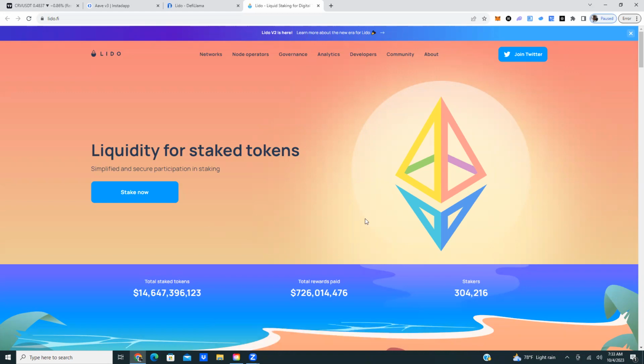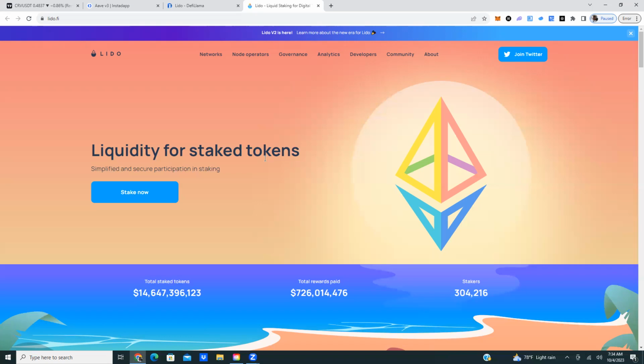Not right now. So this is liquidity for staked tokens. Now you might be asking yourself, what does that mean? Liquidity for staked tokens. So the way this platform works is that they're going to give you a staked token value for staking or providing your Ethereum to this platform.